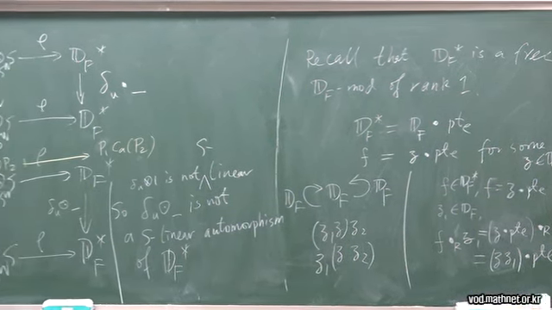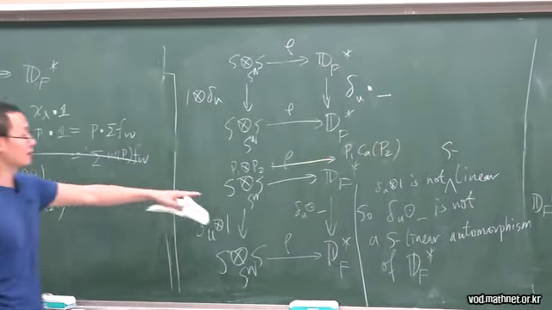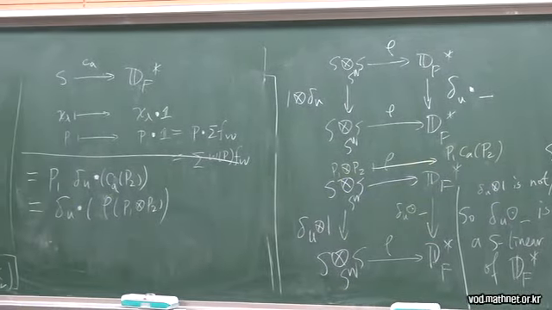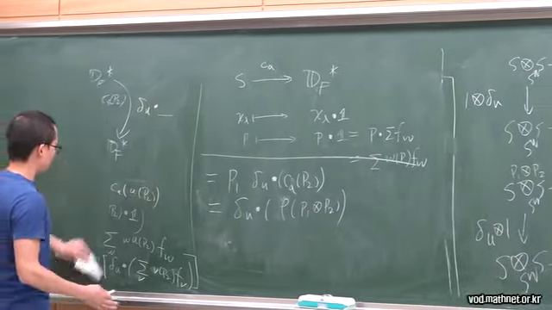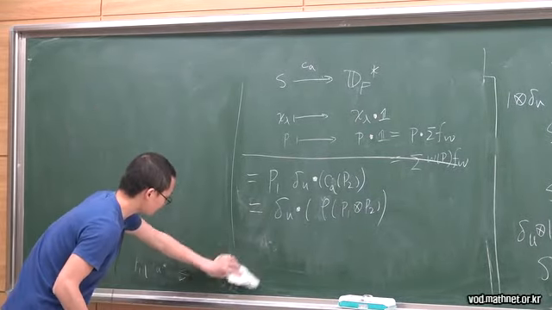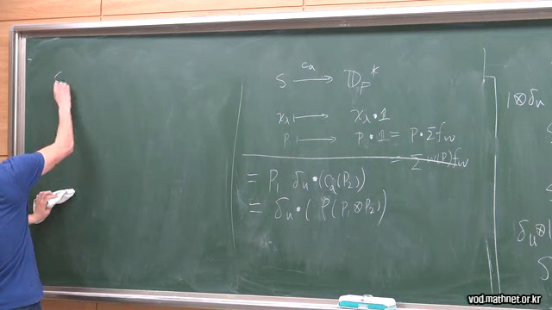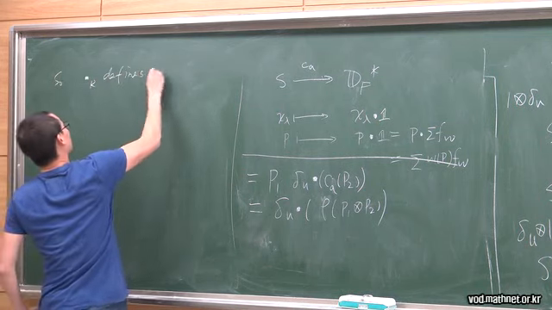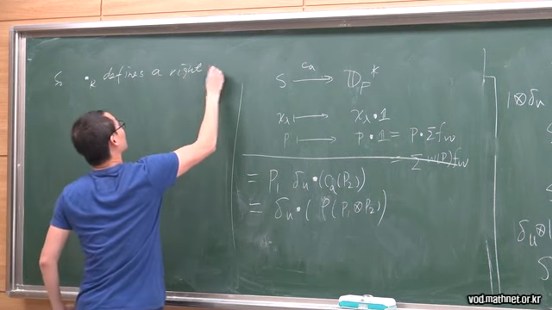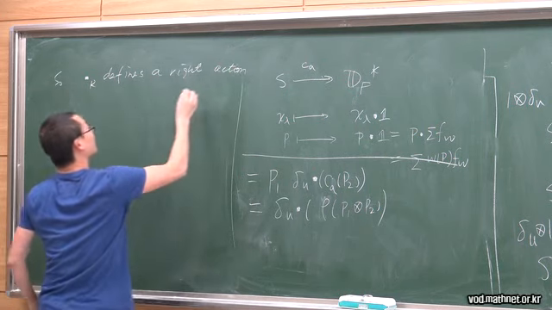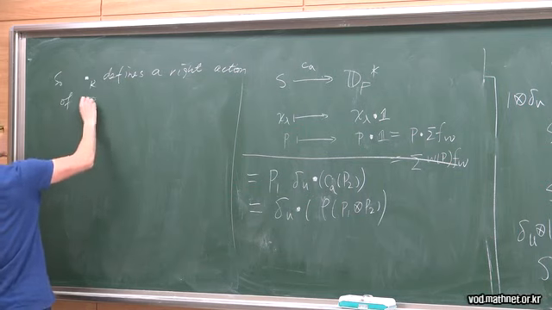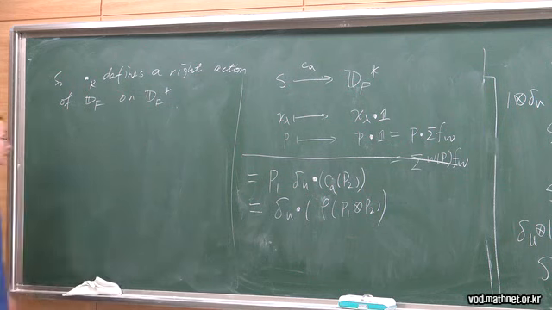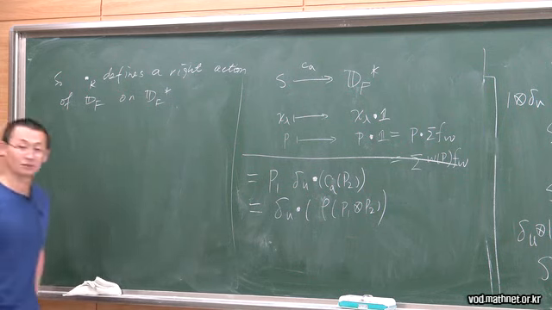But of course, that's a right action, and this is a left action. So you have to switch between right and left. So this defines a right action of DF on DF star.